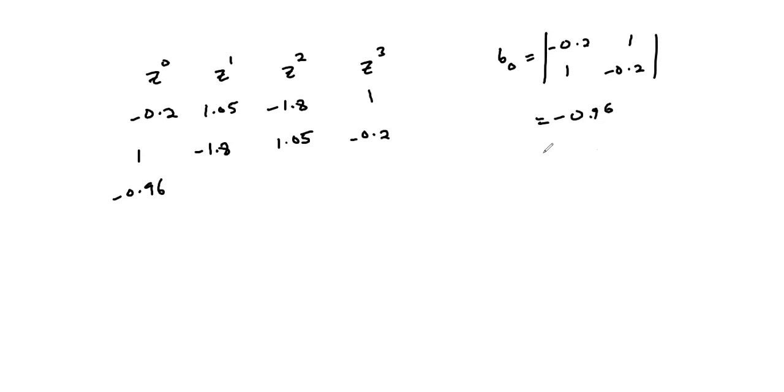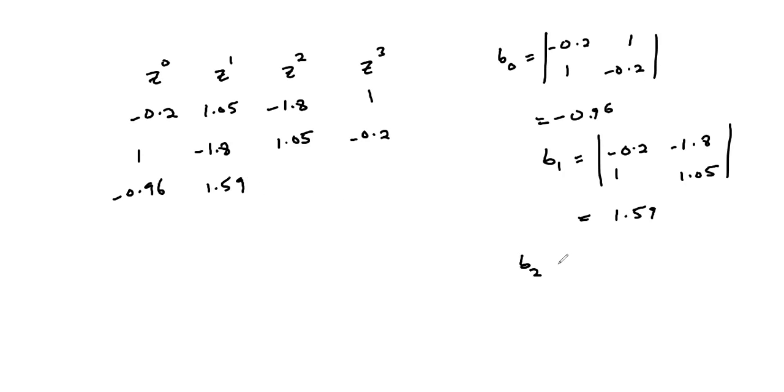Then our B1 will be formulated using negative 0.2, then 1, negative 1.8, and 1.05 determinant. So these terms, the first term and the second last terms, constitute the determinant B1. And if we evaluate these terms, then this is going to be 1.59.